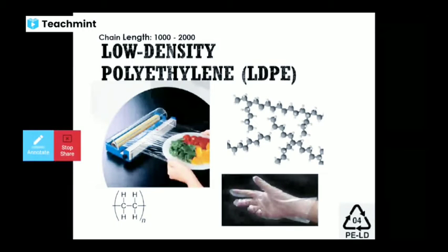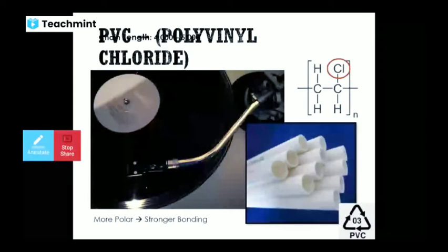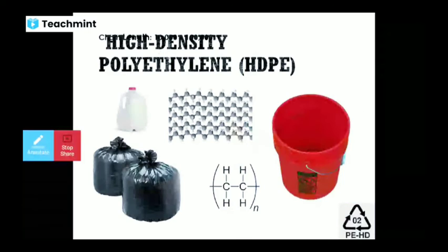Low density polyethylene, LDPE, is plastic. While using the covering substance, hand gloves can be used. PVC, polyvinyl chloride, is used in pipes and wires.